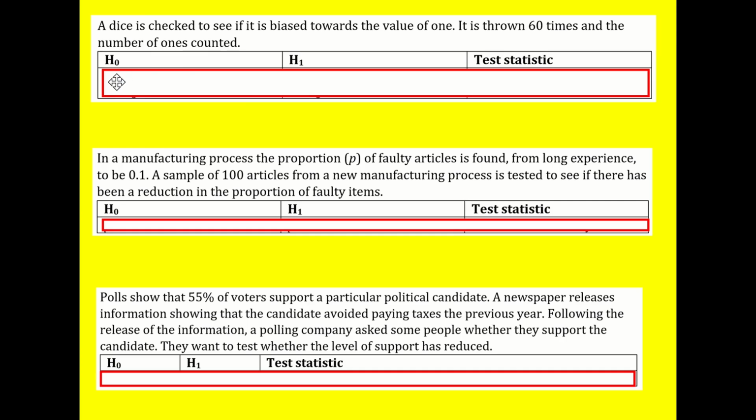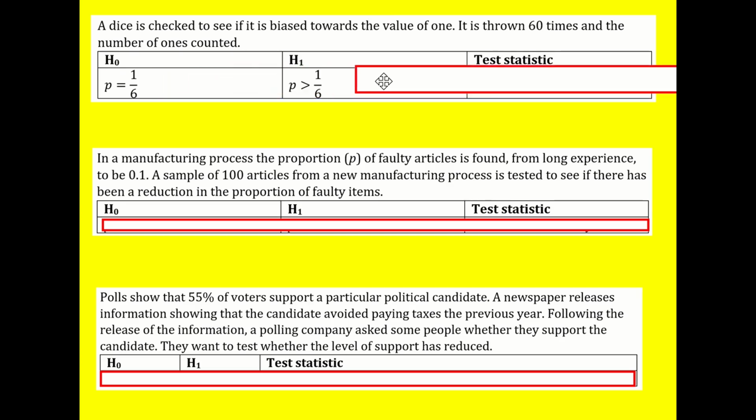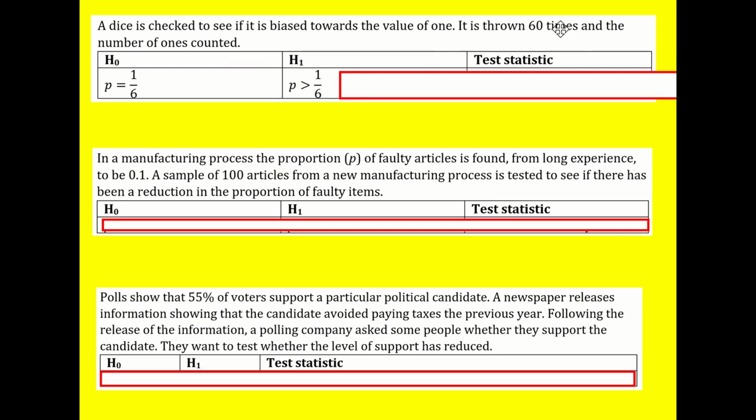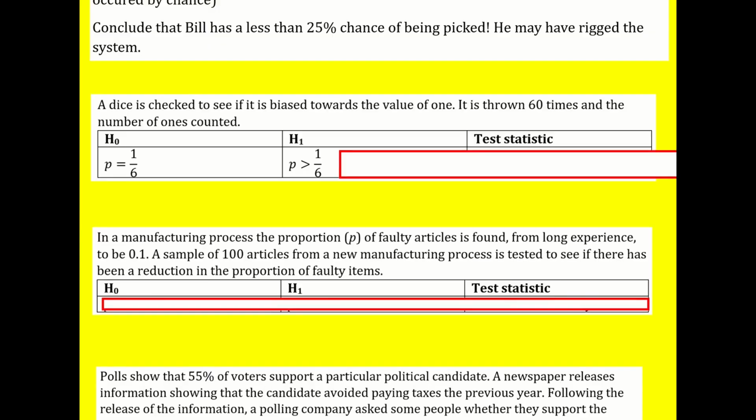Okay, for this first one, the null hypothesis is going to actually be that the dice is fair, that there is a 1 in 6 chance of us rolling a 1, because that's the one we can then test. So H1 is then going to be that P is greater than 1 in 6, because in this case, we think that it's biased towards the value of 1. So you've got to just be careful and read the question, as that will tell you about your alternative hypothesis.